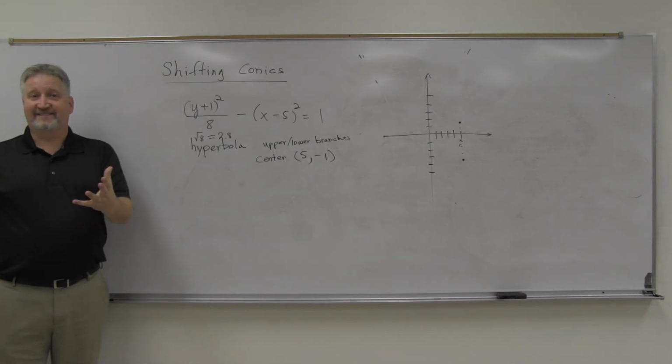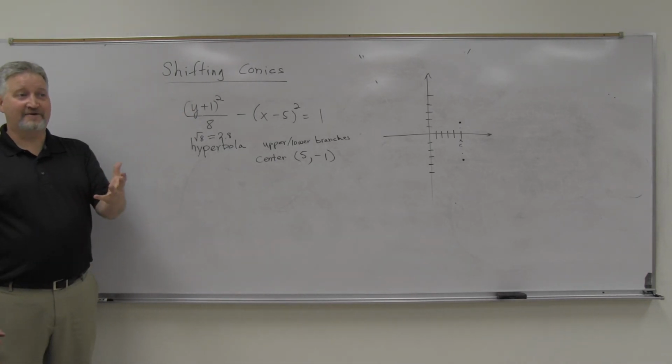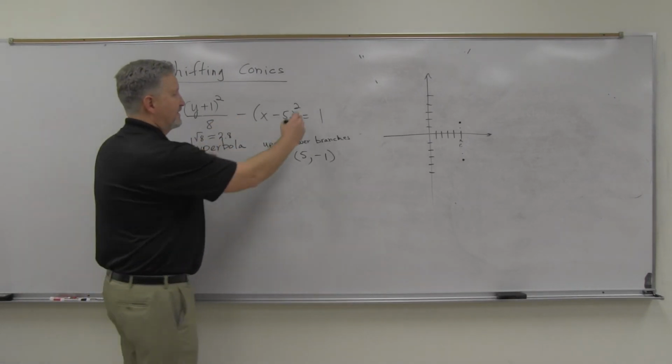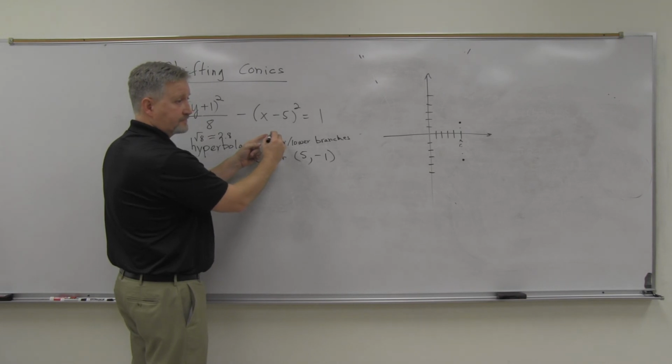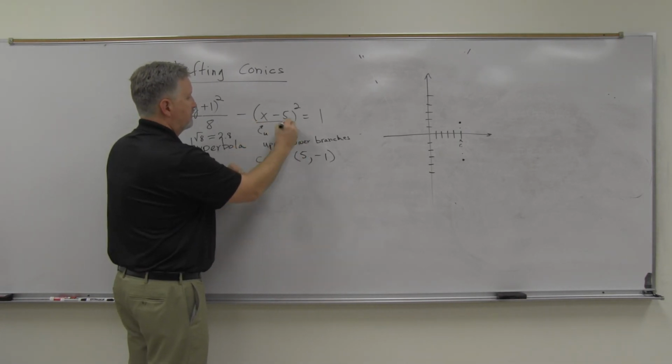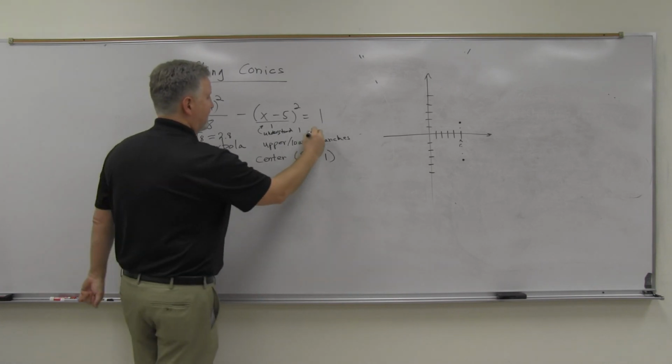What about the X? There's not a number under the X, so it's understood to be 1. There's an understood 1 down here, and you square root 1, you got 1, right?